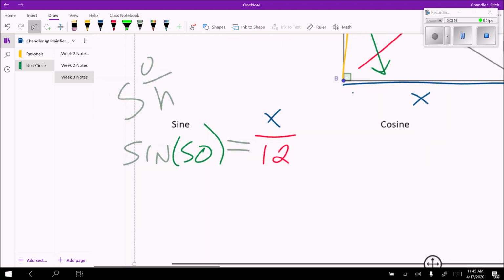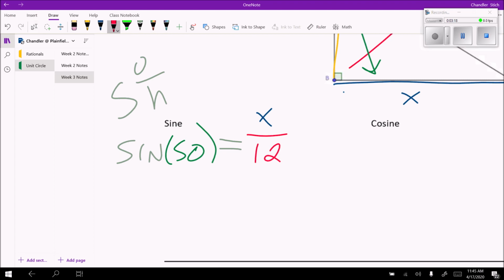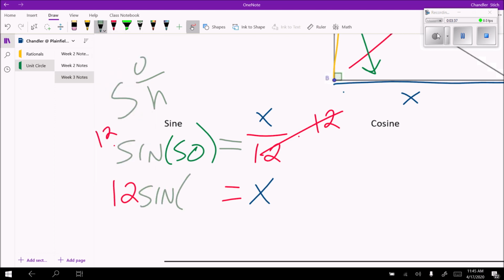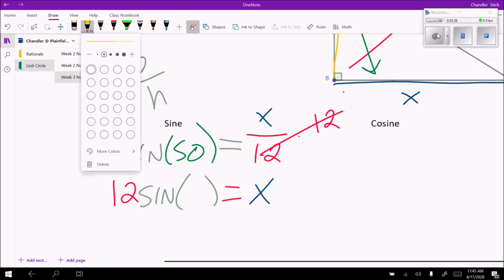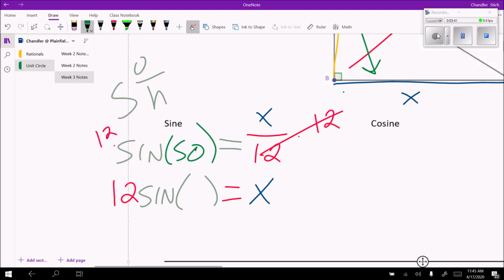If I want to get rid of this fraction, I multiply both sides by 12, and these cancel. On this side I'm left with X, and on this side I'm left with 12 sine 50.